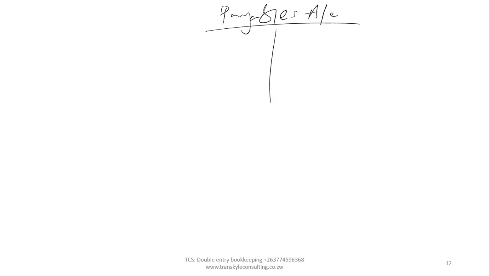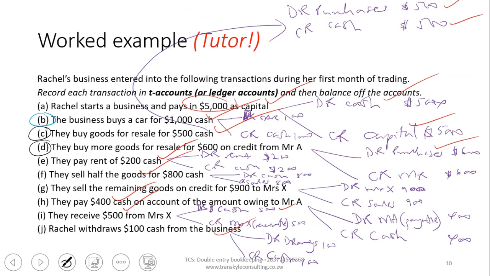So payables are liabilities, so by nature they should have a credit balance brought forward. In this case, we are having purchases of how much? They were $600. All right, but we are also told that of these purchases, some of them were paid.